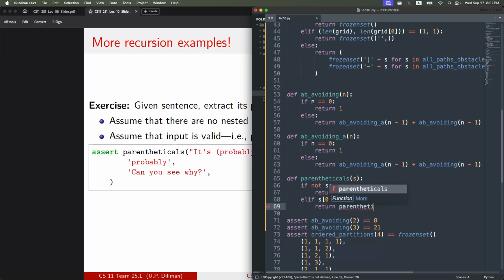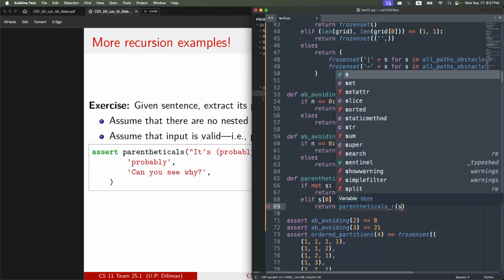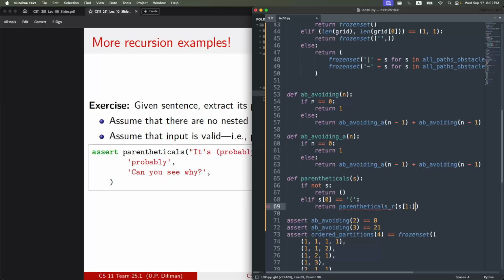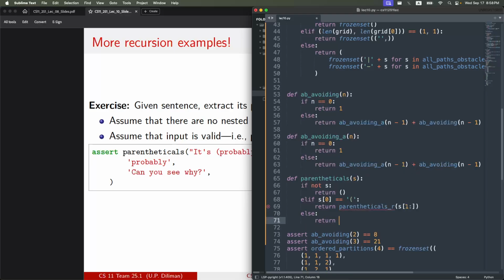Let's call that parentheticals R. Let's pass the rest of the string, not including the opening parenthesis. Okay. Otherwise, return parentheticals.